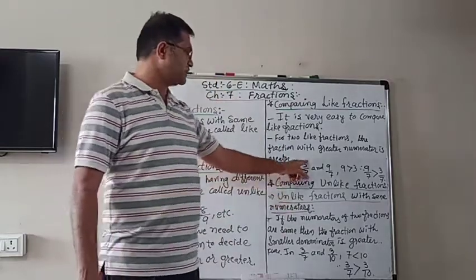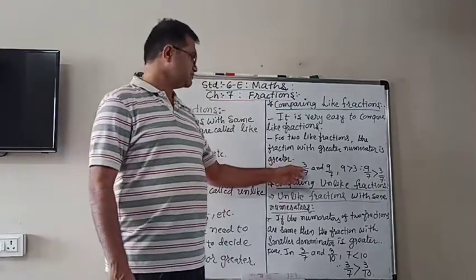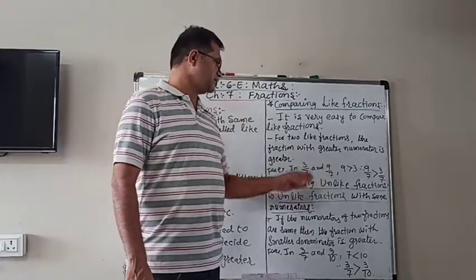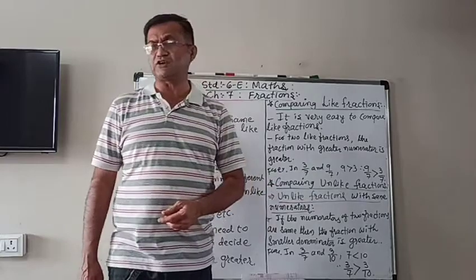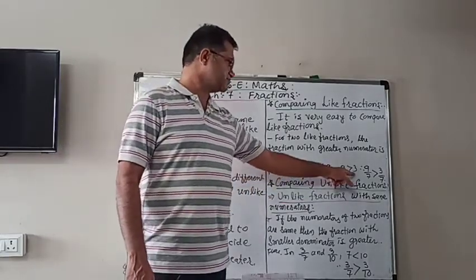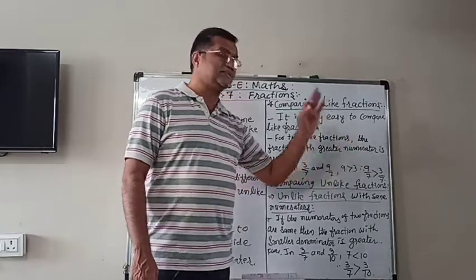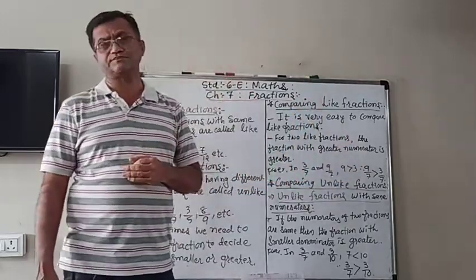For example, 3 upon 7 and 9 upon 7. So here numerators are different but denominators are equal, like, and therefore here 9 is greater than 3, and therefore 9 upon 7 is greater than 3 upon 7.